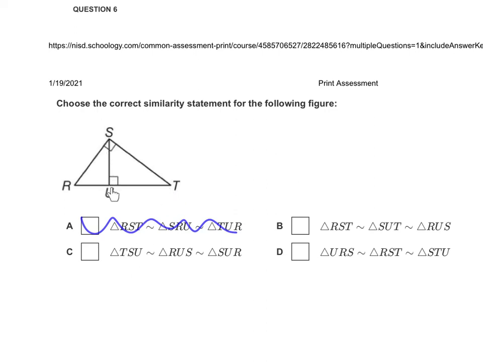TSU, okay, so the right angle is going to be last, similar to RUS. Remember, U is our right angle for this smaller. So in this one, U should be last as well, which is not right. And then SUR, again, we just use the same triangle. So this does not work.